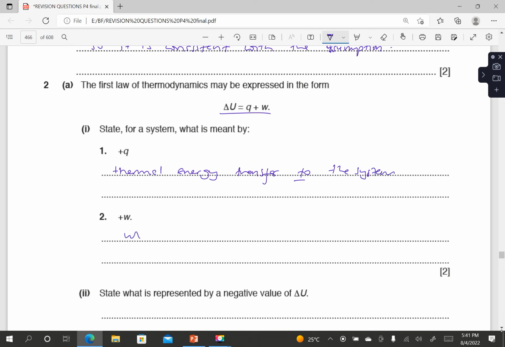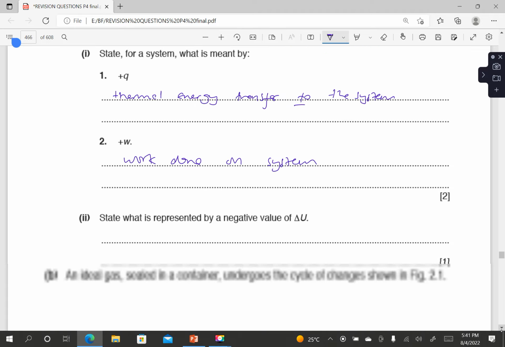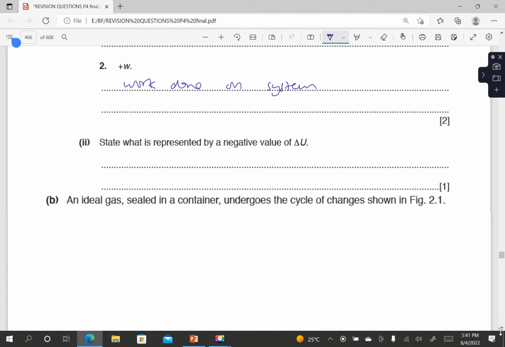Then this is work done on the system. State what is represented by a negative value. A negative value of that is a decrease in internal energy, according to sign convention.